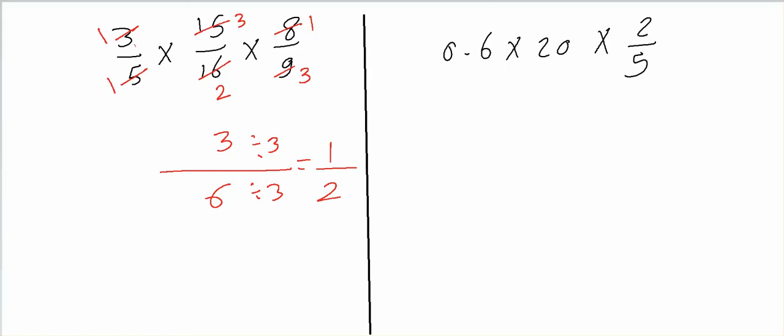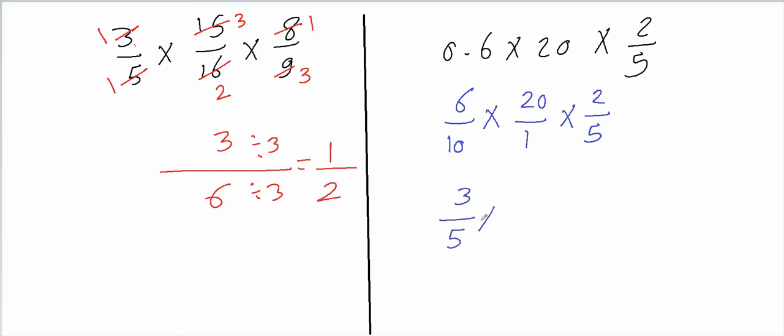What about the second? 0.6 means 6 over 10 times 20 over 1 times 2 over 5. Can we simplify the first fraction? 6 and 10 divided by 2. 6 divided by 2 equals 3, 10 divided by 2 equals 5, times 20 over 1 times 2 over 5.